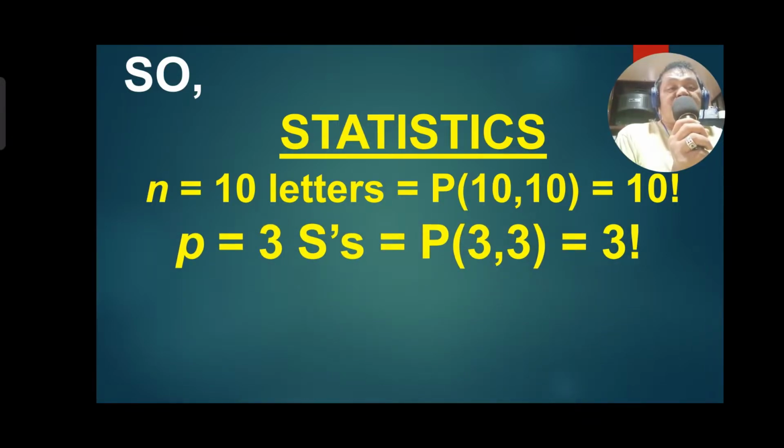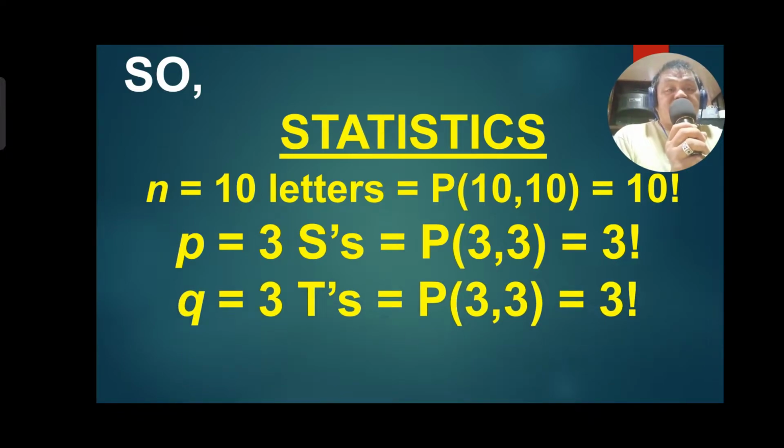From the word statistics, how many S's? That will be our letter p. We have 1, 2, 3 S's, and that would be the permutation of 3 S's taken 3 at a time, equal to 3 factorial. How many T's?